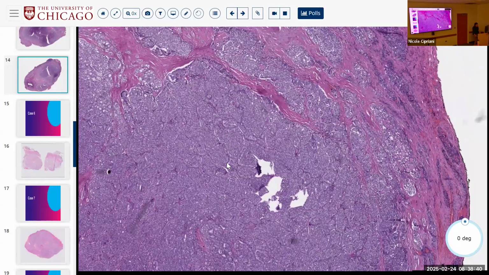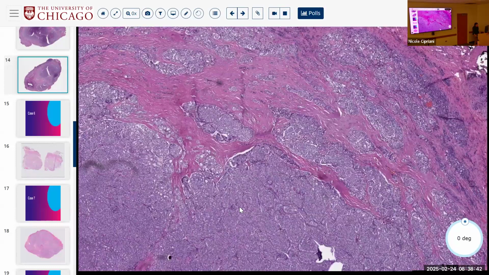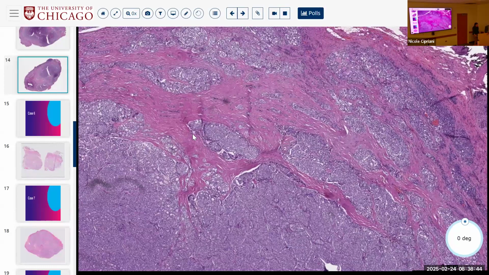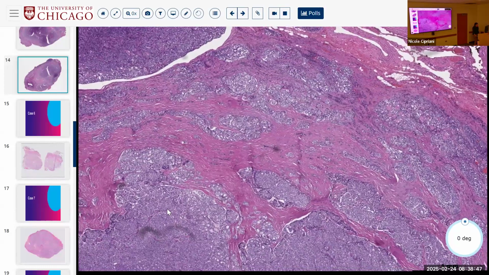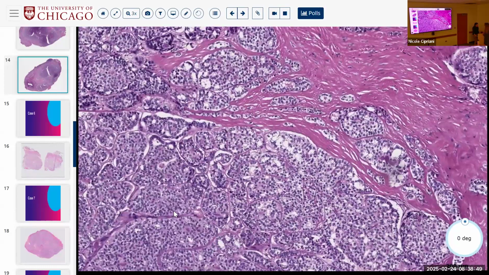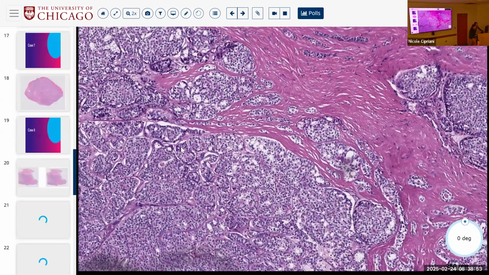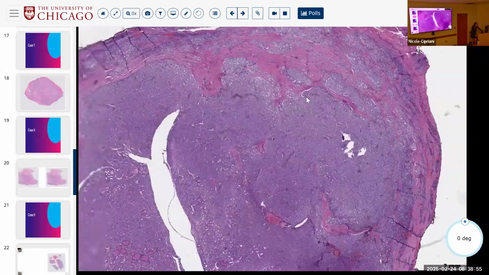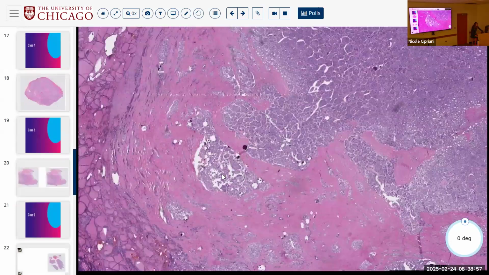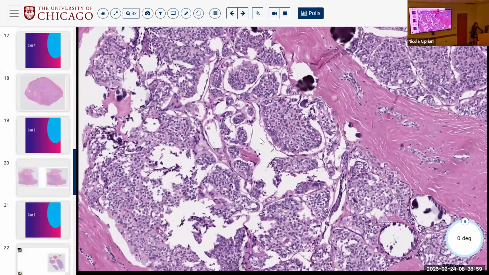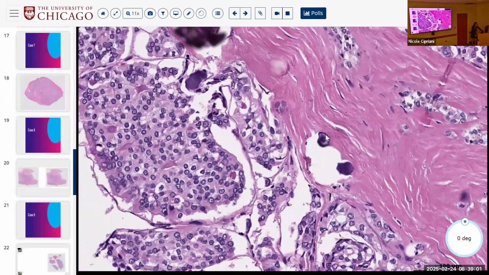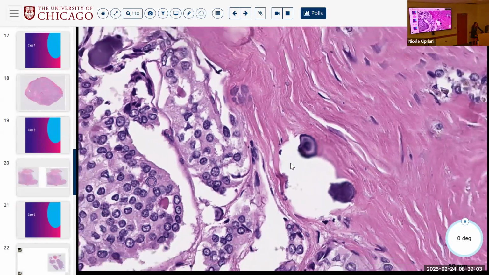So there's probably too much architecture here for this to be medullary, meaning too many follicles, maybe even some papillae. I'm not sure. Can I grab this from you? Thank you. So you pointed out a few good key features. The psammoma bodies, absolutely, those are real psammomatous calcifications.